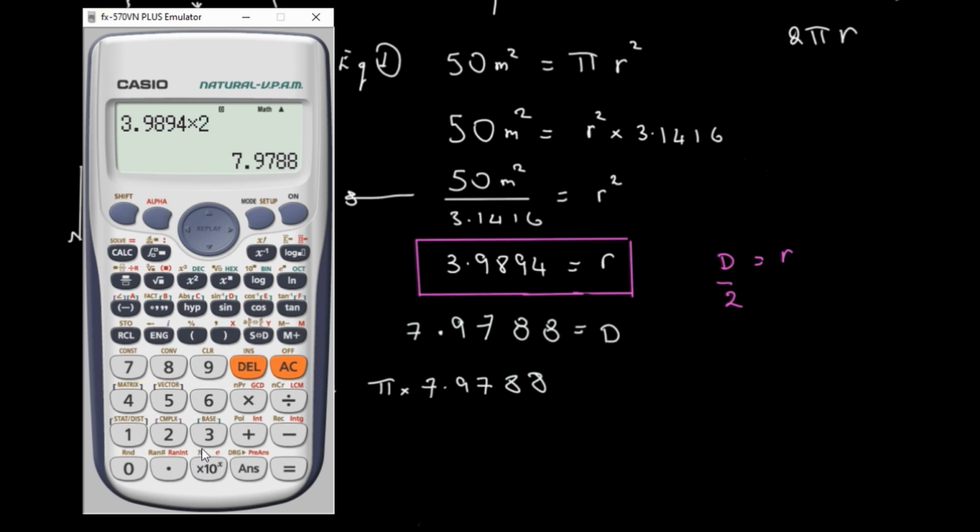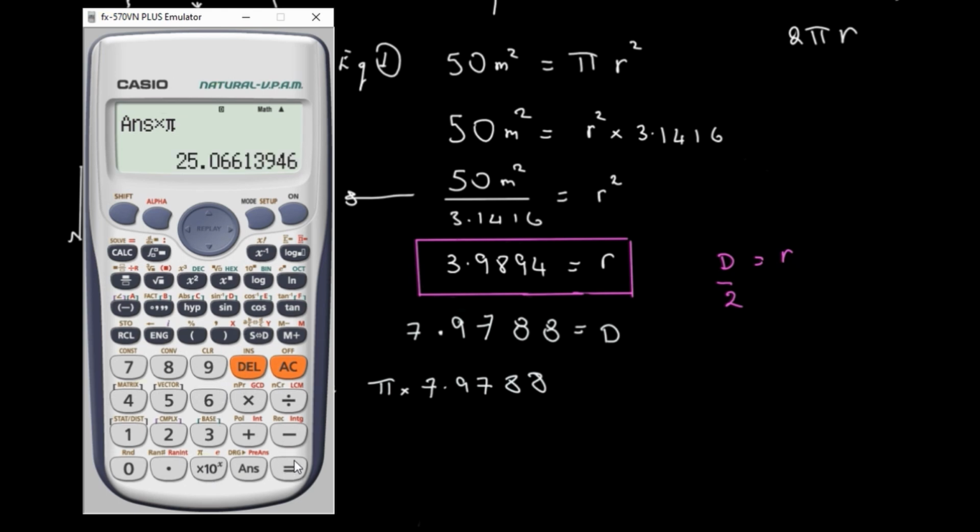Here, pi is brown, so we want the brown, the shift. I shouldn't necessarily have done that. Delete. Okay, times shift pi. We don't need to do the decimal because it will do it for us.